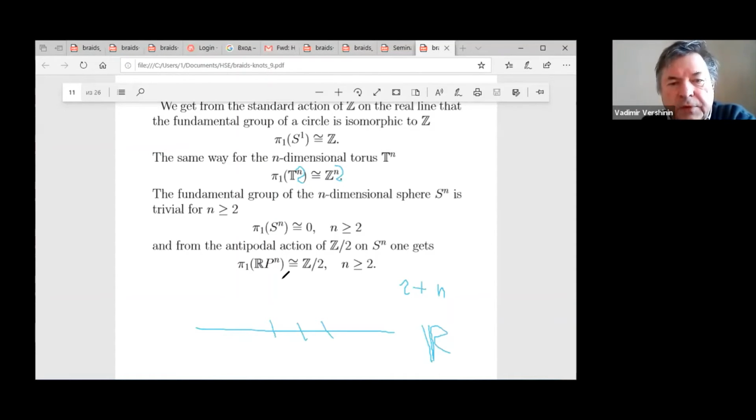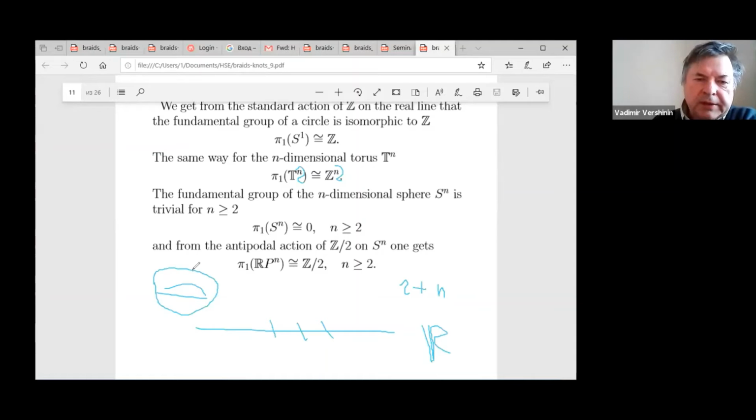This is about the non-orientable surface. If you have RP2, this is a Möbius band with a disk. Then this will be the same, because as we see, this is the sphere, and Z over 2 acts by antipodal points.